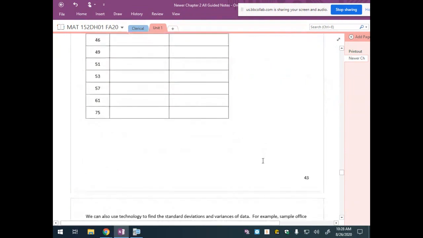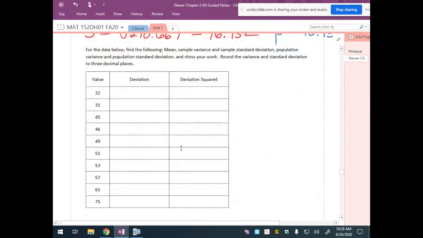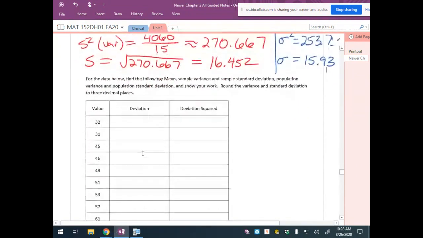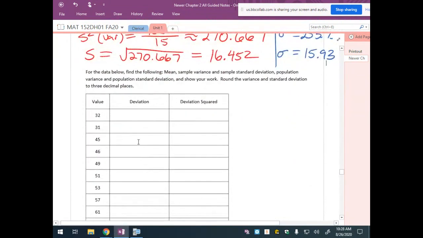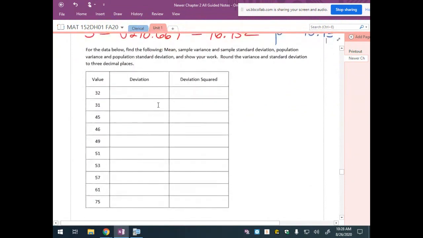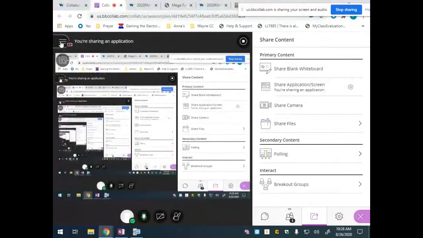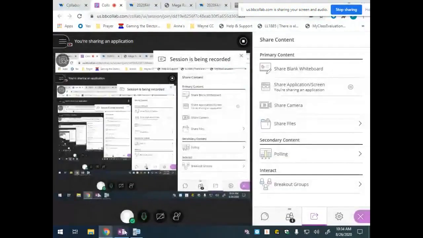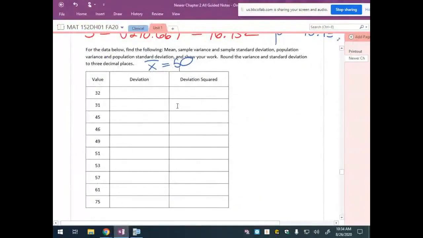So, for this data below, I'm going to ask you to find the mean, sample variance, sample standard deviation, population variance, and population standard deviation. And we'll round everything to 3 places. All right, so again, some of these deviations are going to be positive, some are going to be negative. 32 minus 50, that's negative 18.